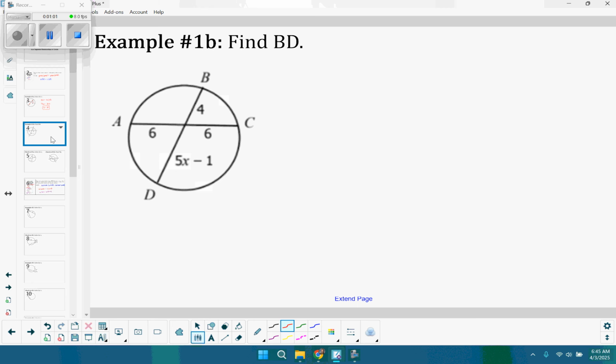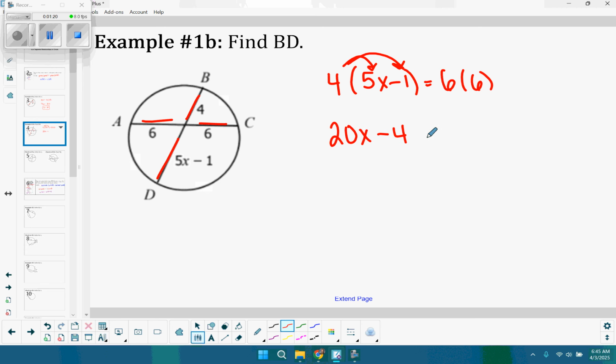For example, 1b, we want to find BD. It's the same process, but then we're going to plug back in afterwards. So piece times piece, that's going to be 4 times 5x minus 1 on one side. And on the other side, the two pieces were equal, 6 times 6. So we're going to distribute. 20x minus 4 is equal to 6 times 6, which is 36.